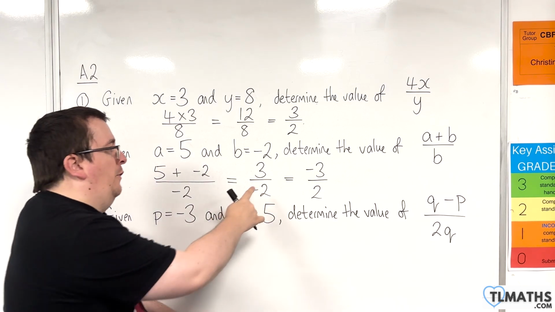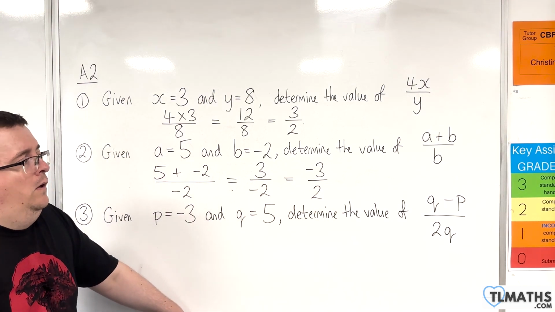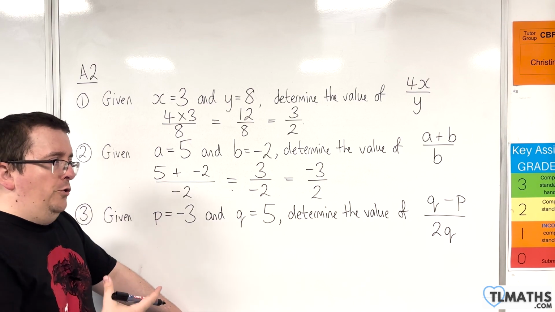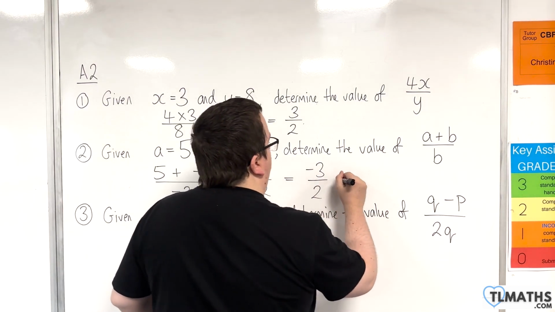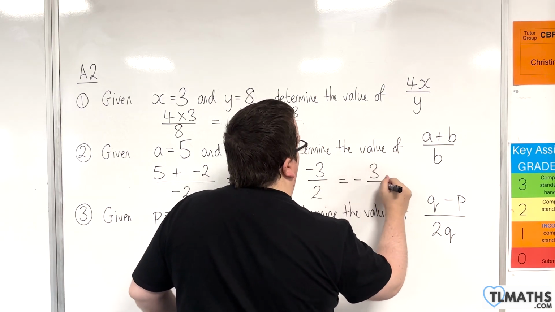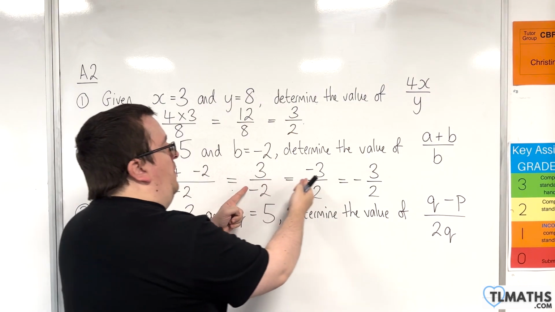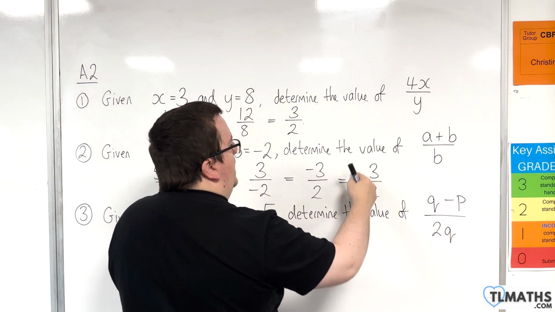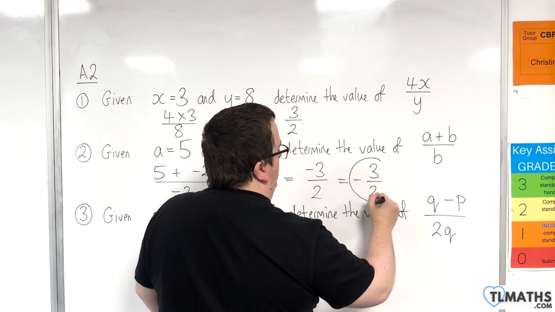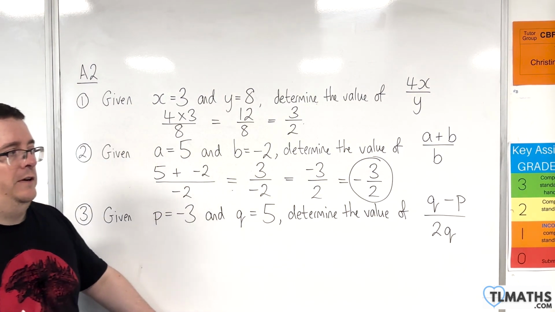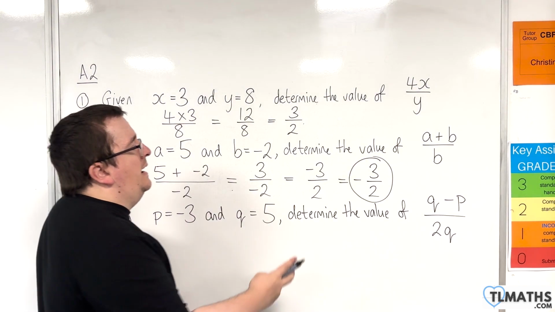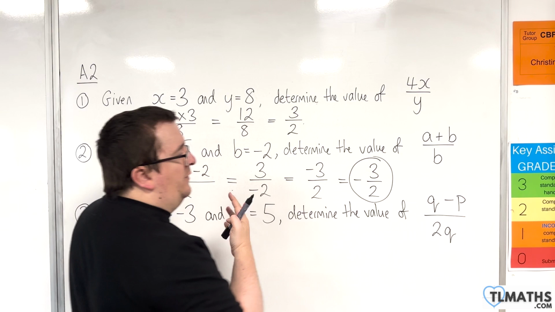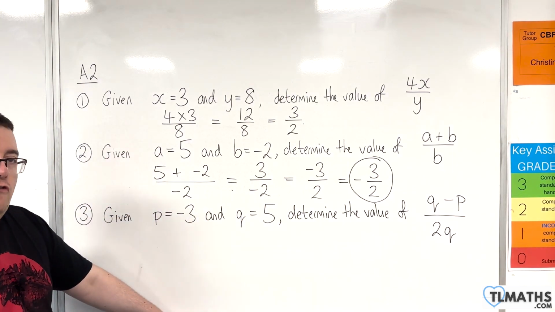Both of those two things are the same, but you could also say it's minus 3 divided by 2. Now, of those 3, this would be the preferred layout of your answer. So try and get it so that the minus sign is out the front of the fraction.